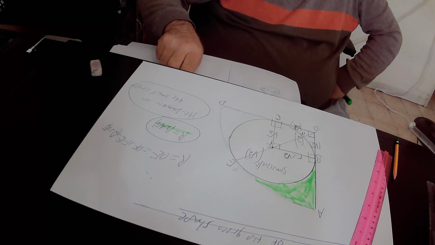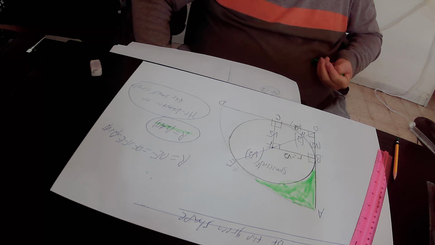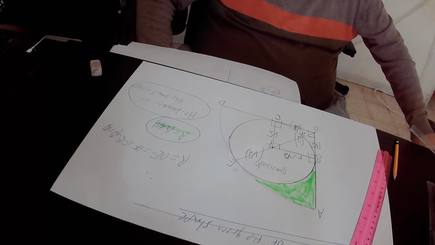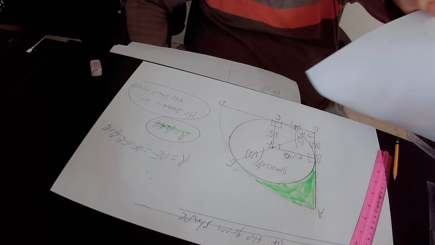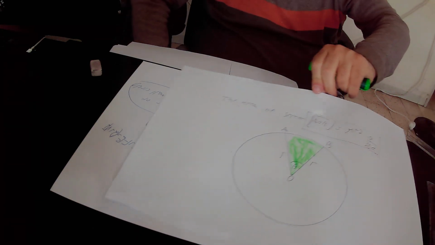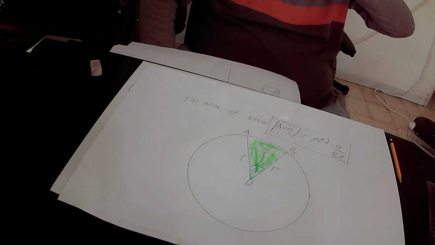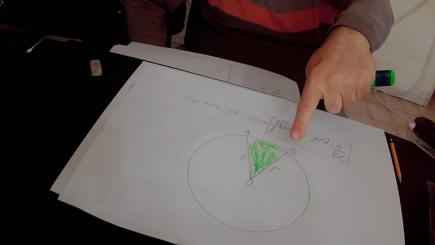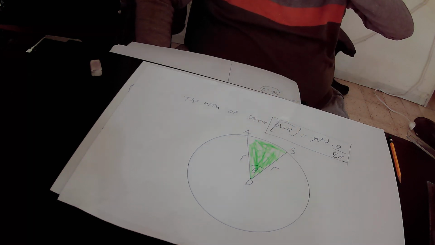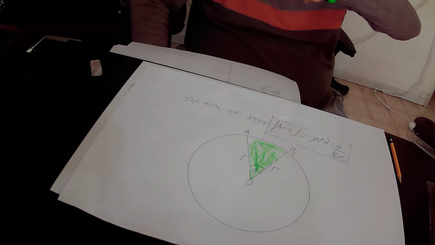So if we find out that this shape is a semicircle, in the next step I will present to you the notion of a sector. Here we have a circle, and the shape in the green color is defined as sector AOB.